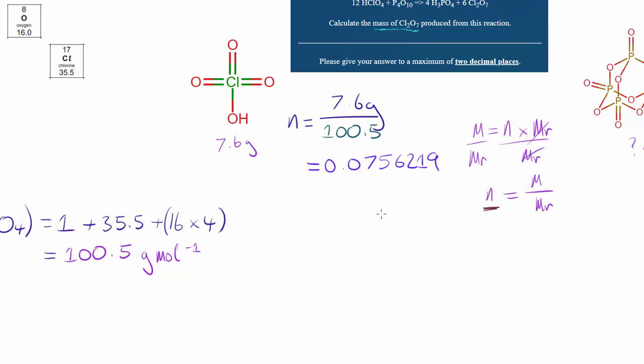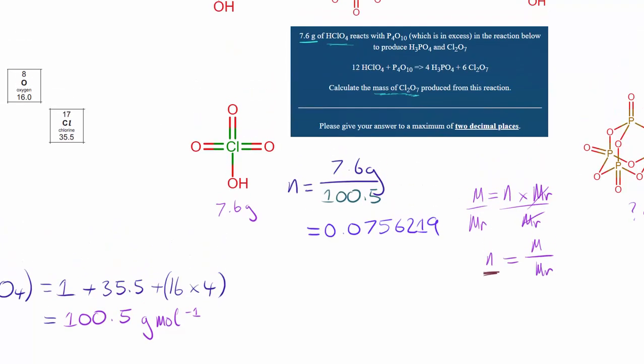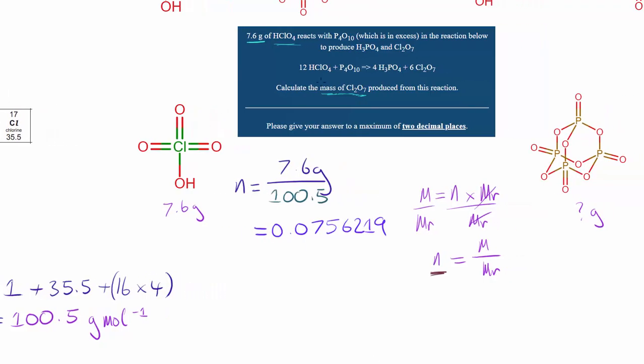Okay, what can we do with this in order to get to our actual objective in this question? Well, what does the stoichiometric ratio concerning these amounts of substance tell us? What does the balanced equation, which is what we have here, tell us?